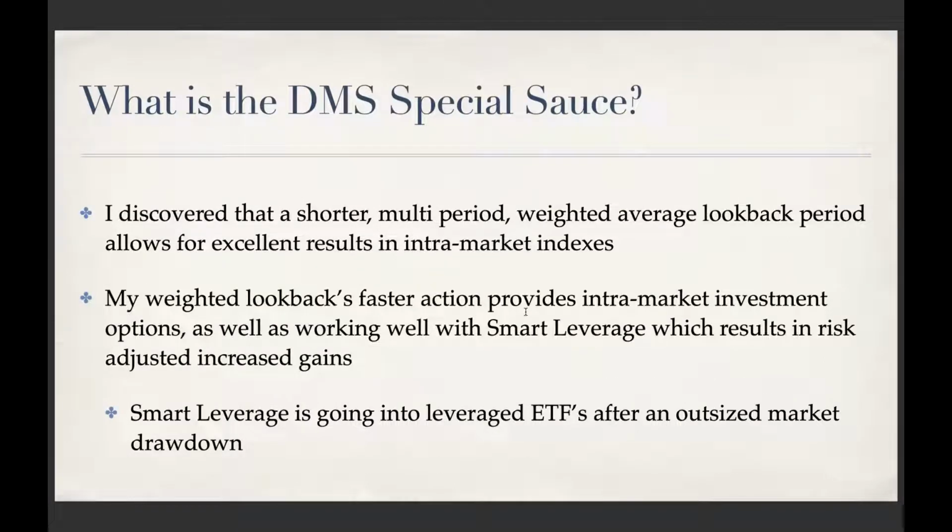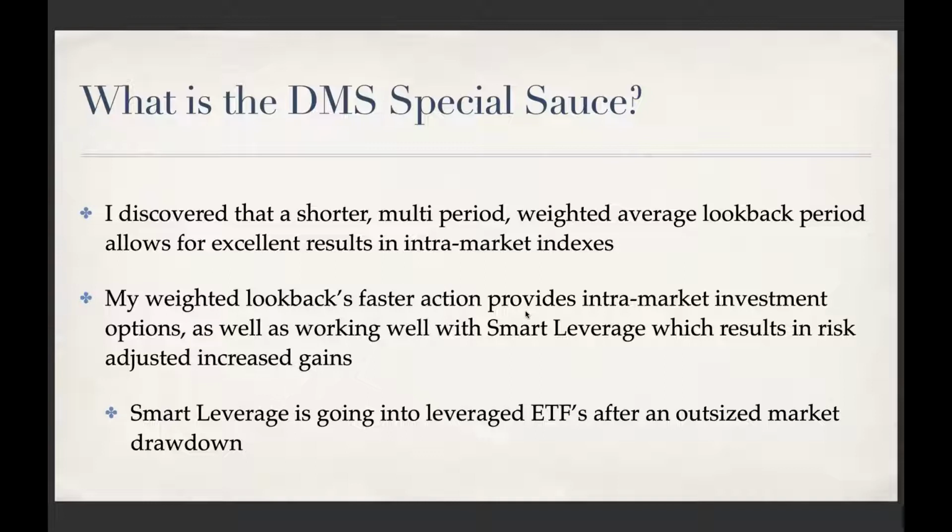What's my dual momentum system's special sauce? Well, one of those I just mentioned about the large geographical areas. I do a shorter multi-period look back in my strategies, and they provide better alternatives than a 1-year look back, insofar as it lets you go more granular than just investing in, say, the US.